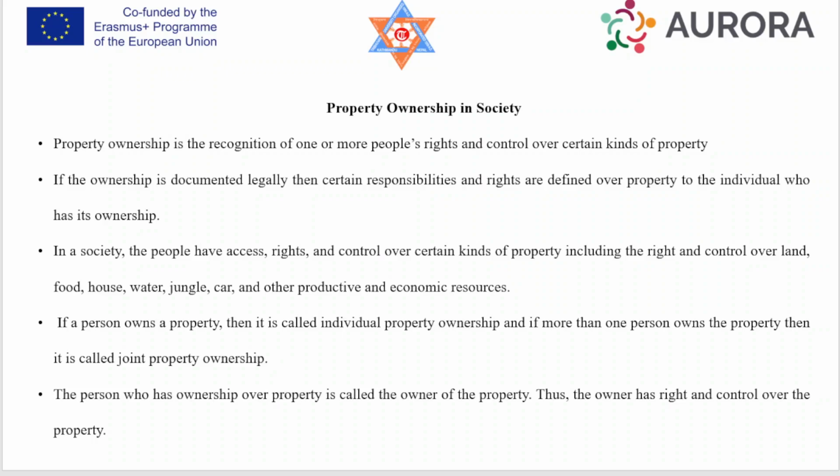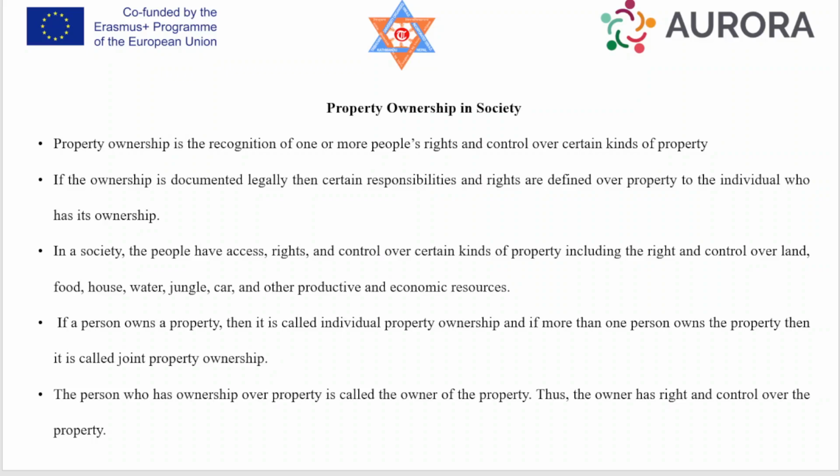Property ownership serves as the formal recognition of an individual's or multiple individuals' right and control over a specific type of property. When ownership is legally documented, it delineates certain responsibilities and rights to the individual holding ownership.